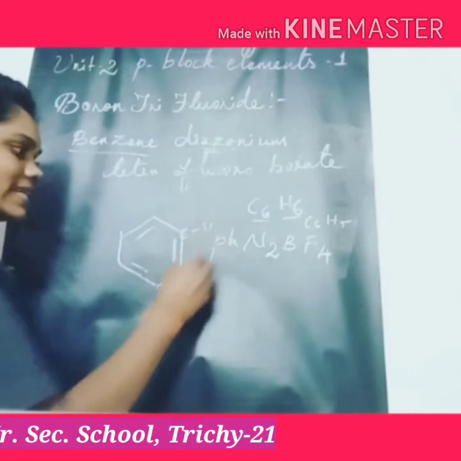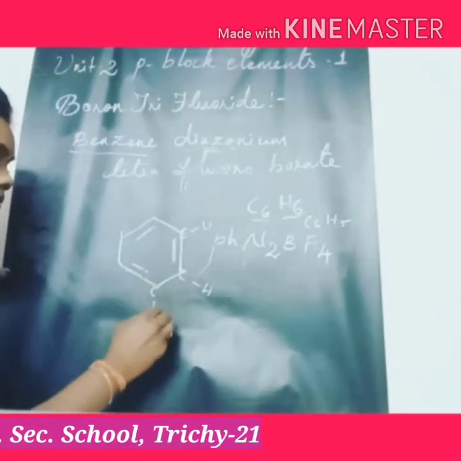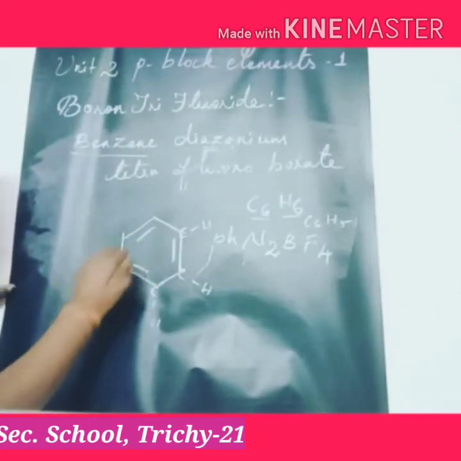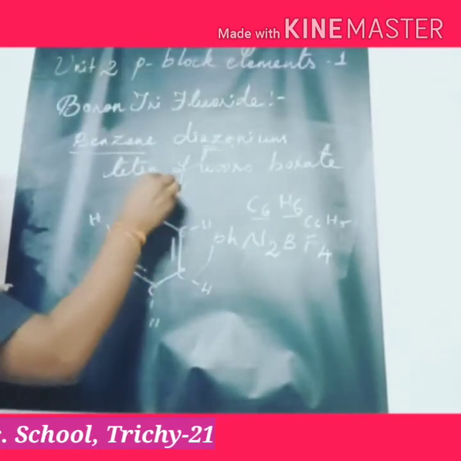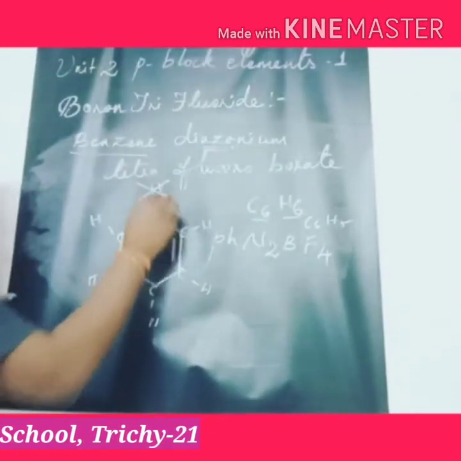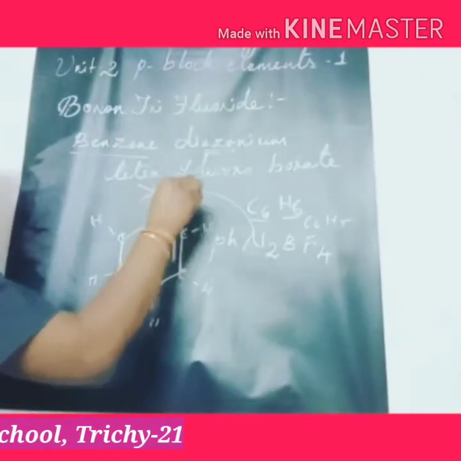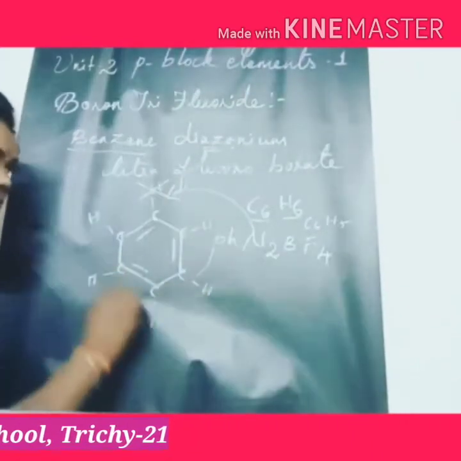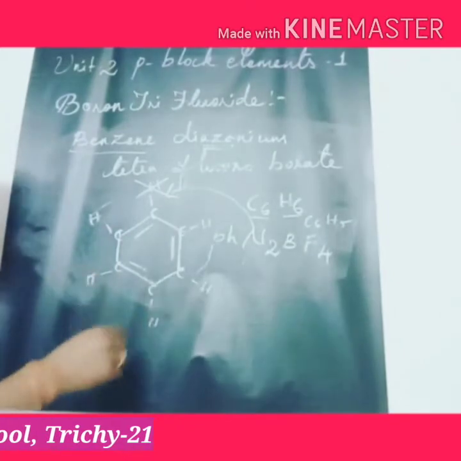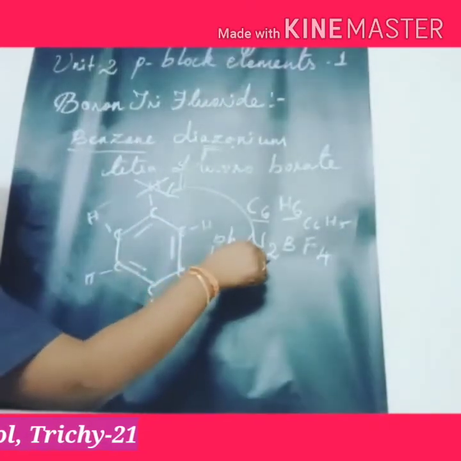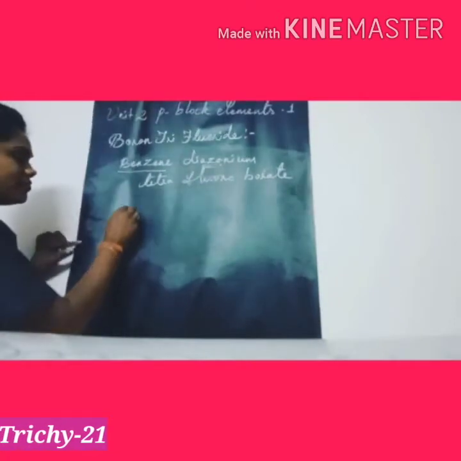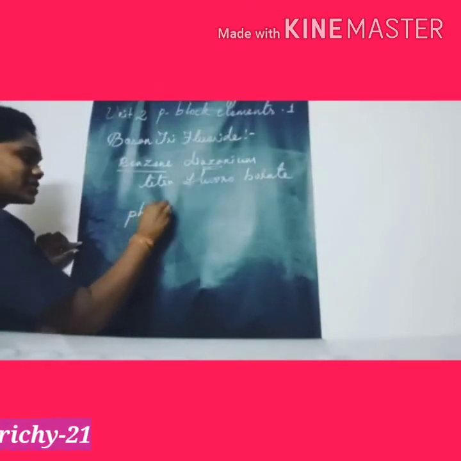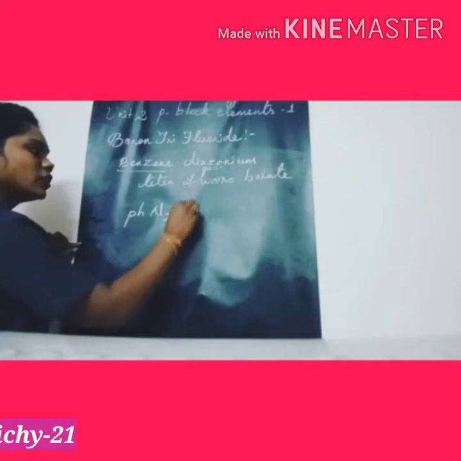Here carbon, hydrogen, carbon, hydrogen, carbon, hydrogen, carbon, hydrogen, carbon, hydrogen, carbon, hydrogen. Here we remove 1 hydrogen and add the diazo group. So that is this group. The structure represents phenyl, so phenyl diazo tetrafluoroborate.